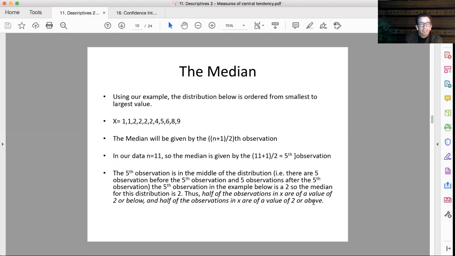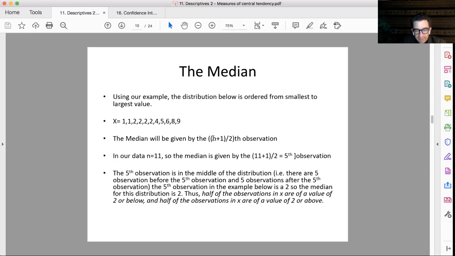Let's look at an example. Remember, this was our distribution, but now we have ordered it from the lowest value to the highest value. There were 11 observations here. So the median is the middle value there. If we want to find it quickly, we can use this formula.